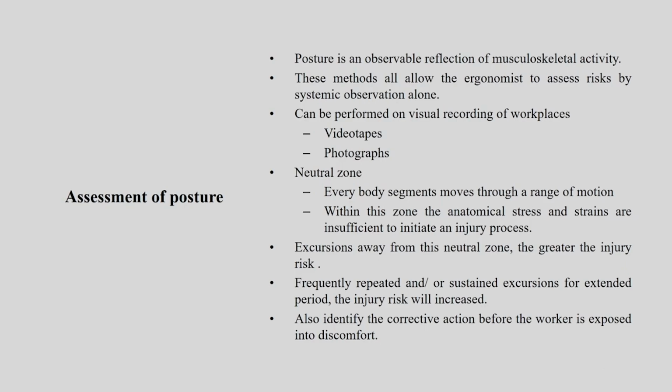You have to do it systematically, one by one, maybe initially the neck, then the trunk, then the wrist, and not only the position, but also what kind of load it is carrying, what frequency, and what duration it is held. All this is systematic observation or systematic evaluation. So how do we do that? Mainly, in the very initial days, we used to do on-the-spot observation.